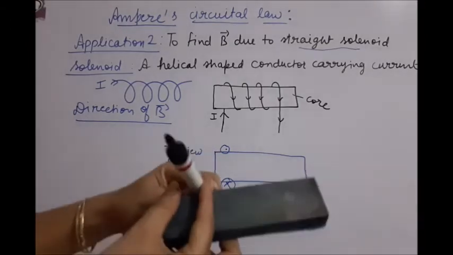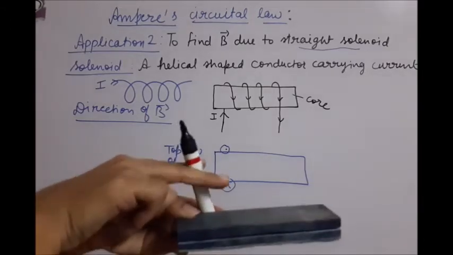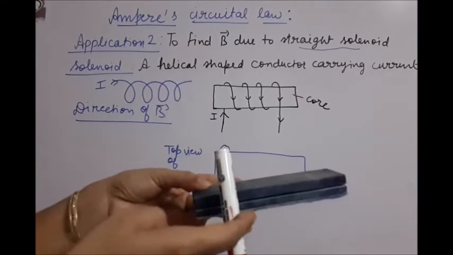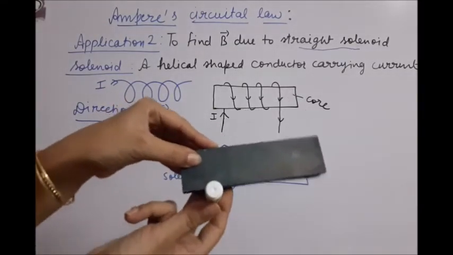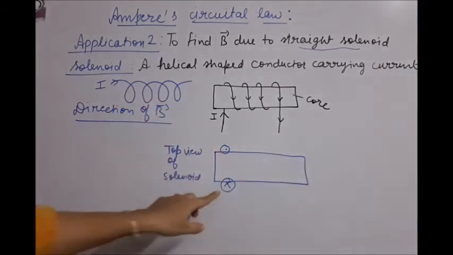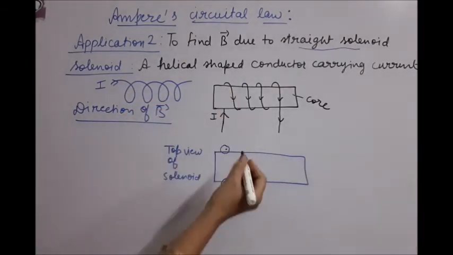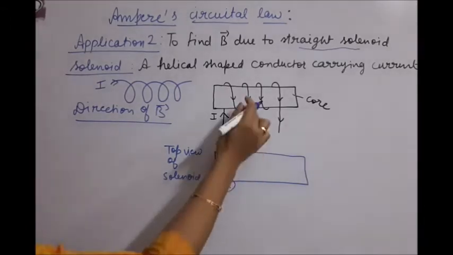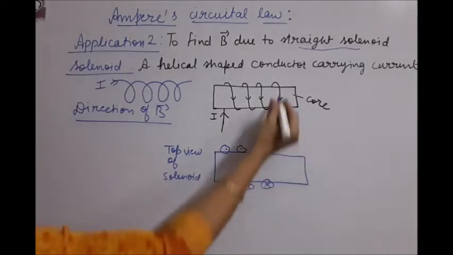In the same manner, when this current turned and moved down, at the second edge the current is entering into the board, so into the board means I will show a cross here. Now for each such turn we can show dots and crosses, so for the second turn, the third turn, and the fourth turn.